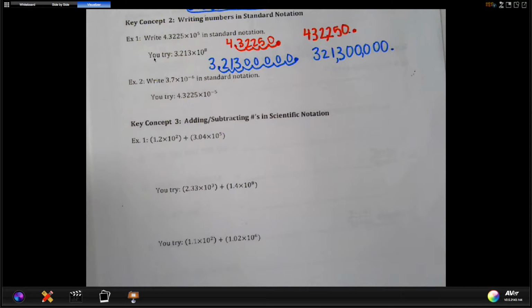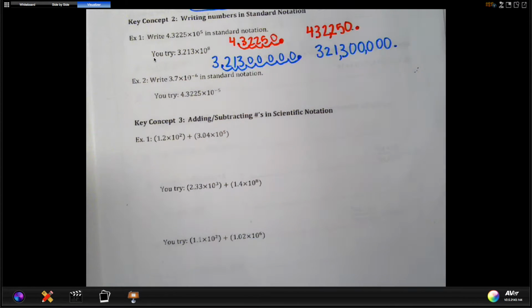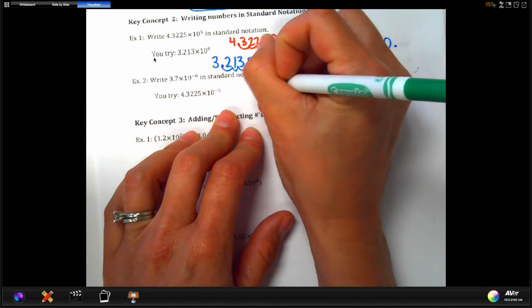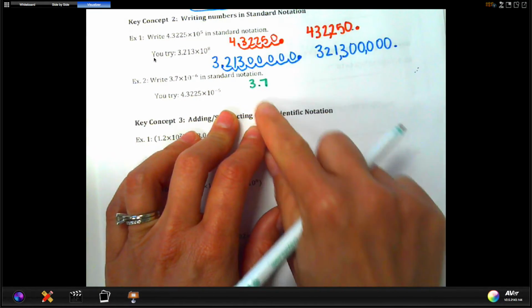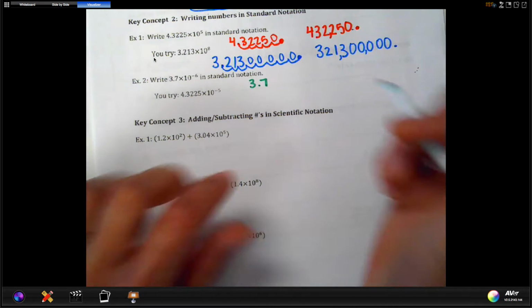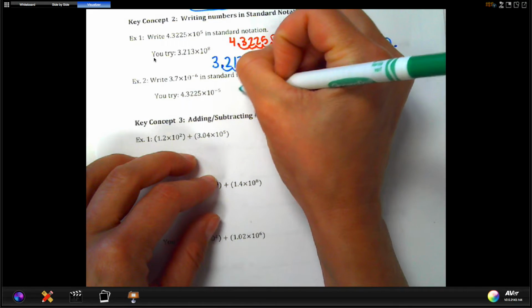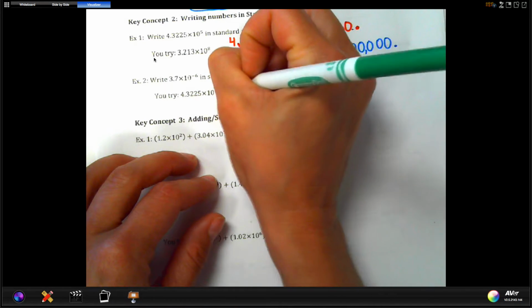This is a similar process for negative exponents, only you probably guessed what's going to happen here. If you have 3.7 times 10 to the negative 6, you're going to start with your 3.7, but since we need to make this a small number, we're going to move left 6 spots. 1, 2, 3, 4, 5, 6.